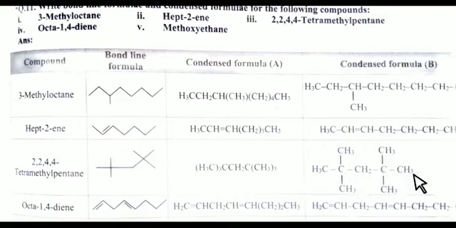The second and fourth carbons contain 2 methyl branches each. Similarly here, CH3 two times attached with the carbon atom, CH2 one time, again CH3 three times attached with the carbon atom. See here, 3 CH3 are attached with 1 carbon atom.